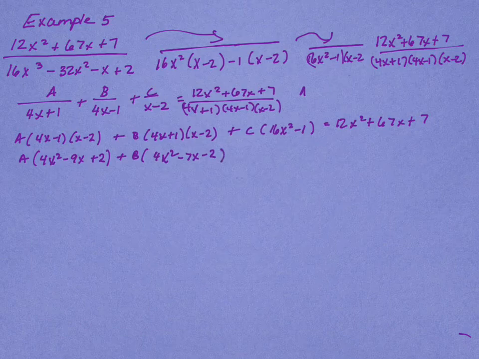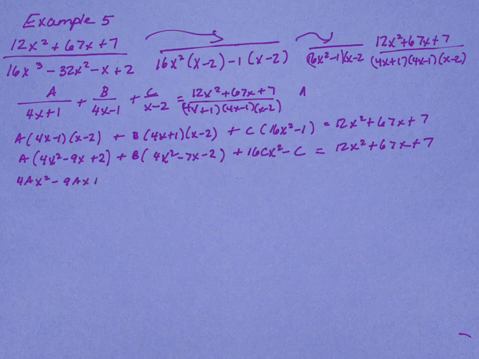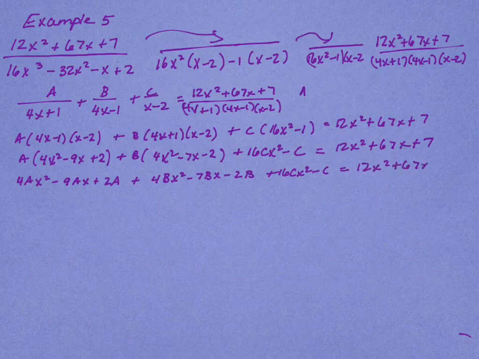And then C is 16Cx squared minus C. And that's all equal to 12x squared plus 67x plus 7. Just be real careful. Okay, so 4Ax squared minus 9Ax plus 2A plus 4Bx squared minus 7Bx minus 2B plus 16Cx squared minus C is equal to 12x squared plus 67x plus 7.